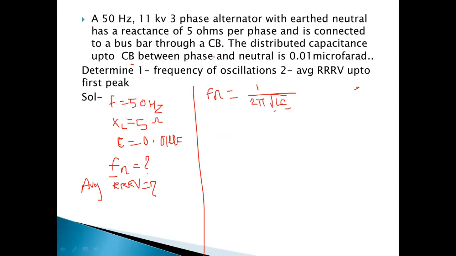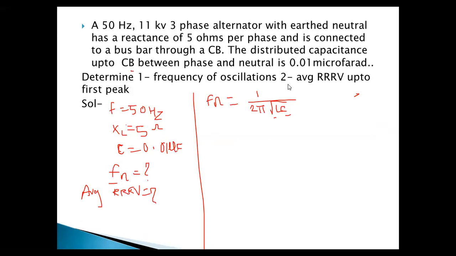Okay, what is the formula of XL? XL is equal to 2 pi FL. Correct. And XC is equal to 1 divided by 2 pi FC. Correct. So from that we can find L, right?